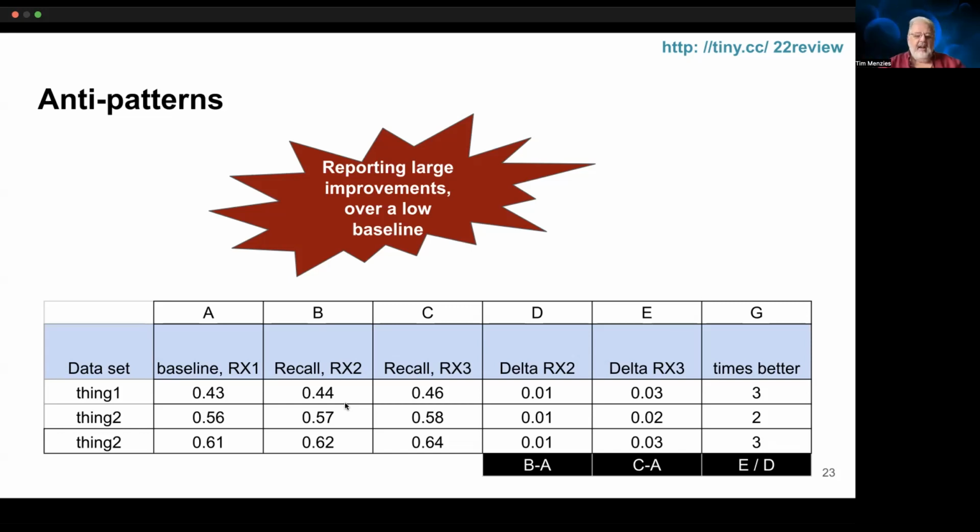So that's another thing that really bothers me when people propose improvements on a very weak baseline. So before you do clever things, do competent things. Before you do clever things and improve things with deep learning, at the very least, generate competency at the start.